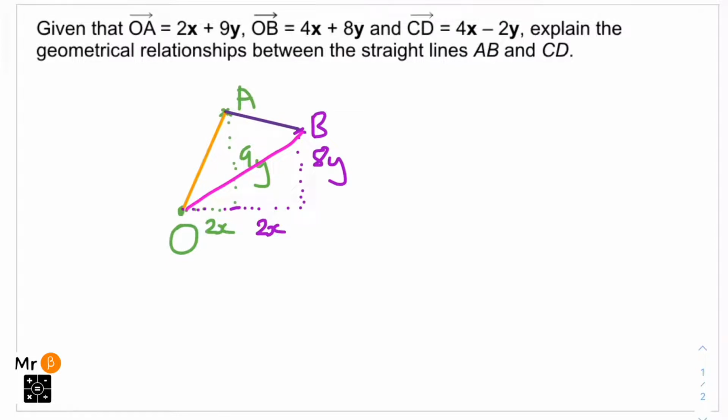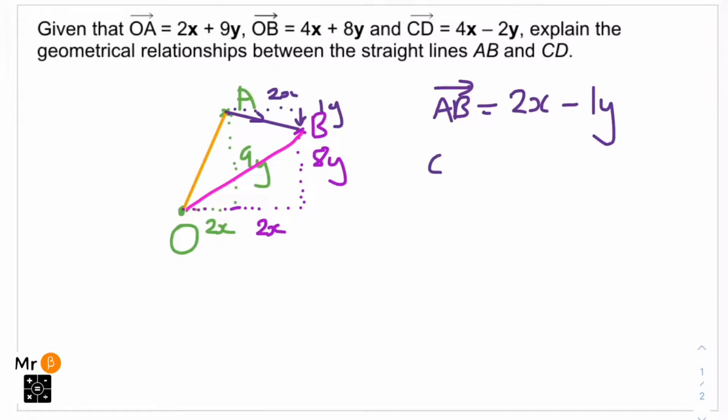So we have gone across, remembering we're going from A to B. So to work out my vector AB, we have gone across by 2x and we have gone down by 1y. So it's going to be 2x subtract 1y. It tells us that the line CD is equal to 4x minus 2y.